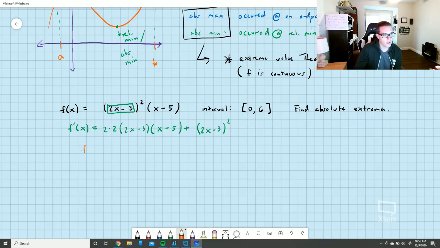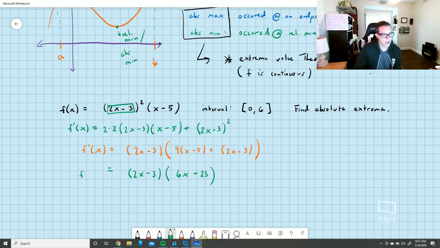I can factor out 2x minus 3, and I'm left with a 4 times x minus 5 plus another 2x minus 3 that didn't get factored out. And that simplifies to 4x plus 2x is 6x minus 20 minus 3 is minus 23.